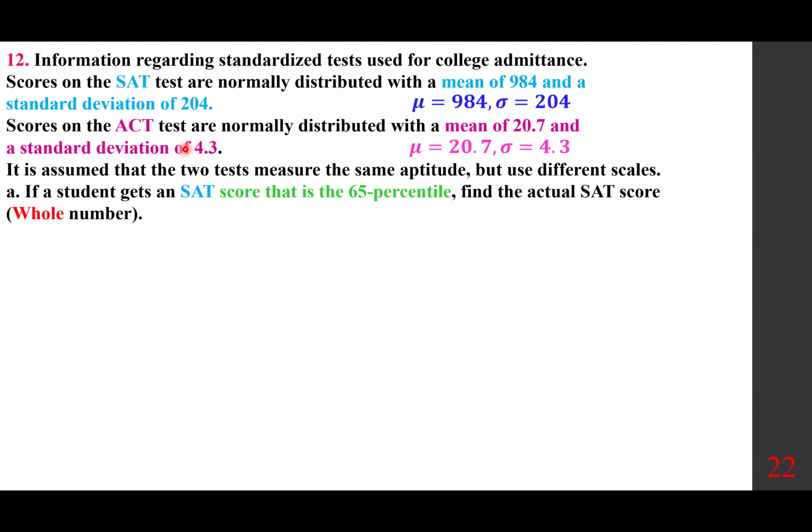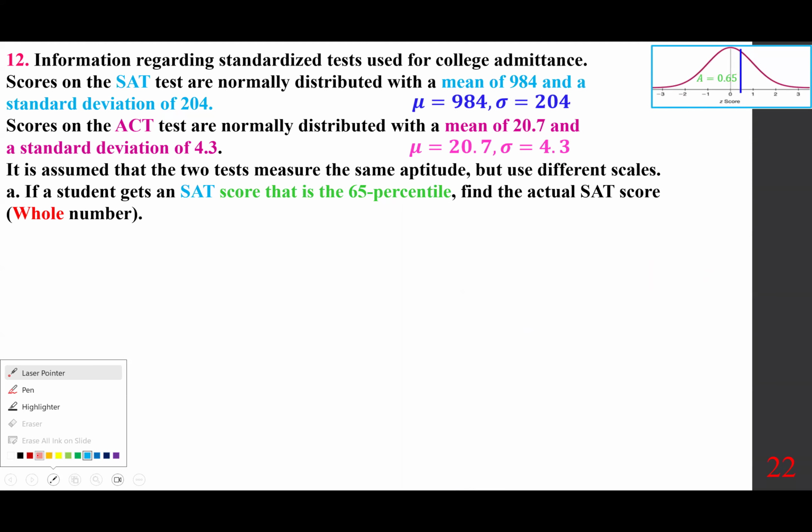For the 65th percentile, we do the graph. This area is 0.65. So we need to find the z-score here ultimately.